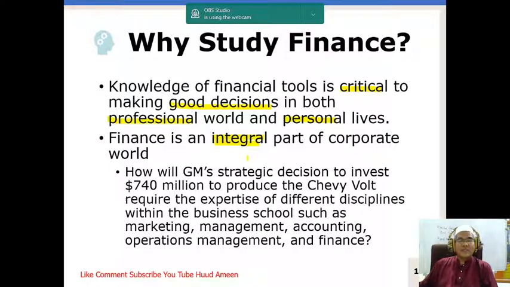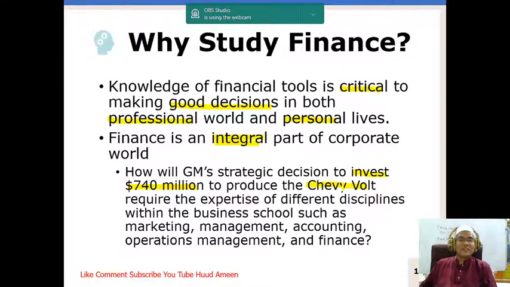How will GM, General Motors, decide to invest 740 million to produce Chevy Volts? It requires the expertise of different disciplines within the business school, such as marketing, management, accounting, operations management, and finance.